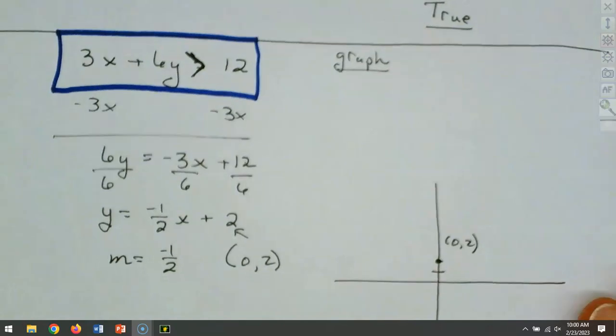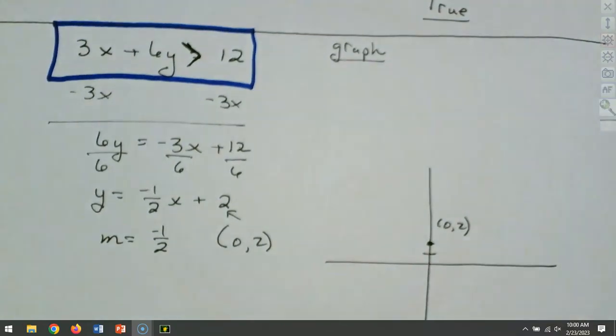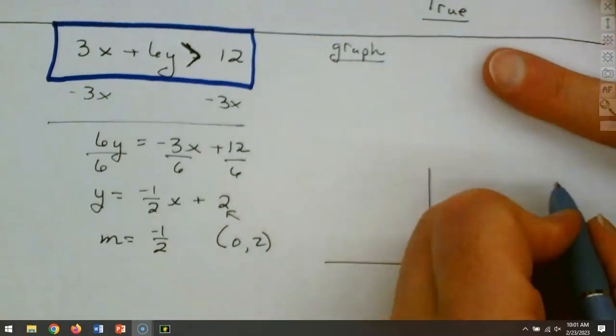And we need to make sure we know if we use a dotted or a solid line. So which one are we going to use here? This one says it is strictly greater than. All right, so strictly greater than or strictly less than, they get a dotted line. What is our slope?